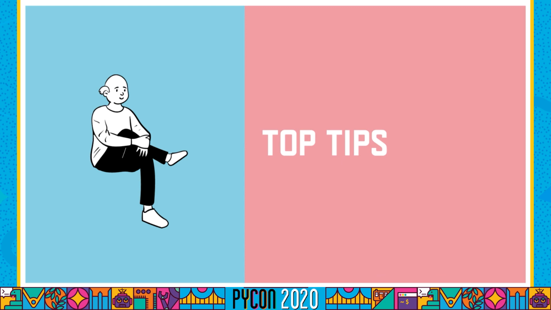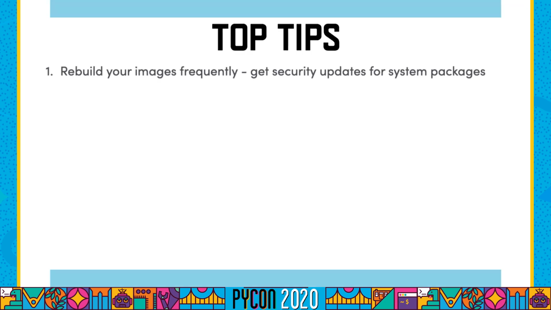So to summarize, let me give you the top tips for you to work with Docker and data science. First, rebuild your images frequently. Make sure that if you're going to be using your containers, that you are constantly rebuilding it. That ensures that you get security updates and that also things are not broken.